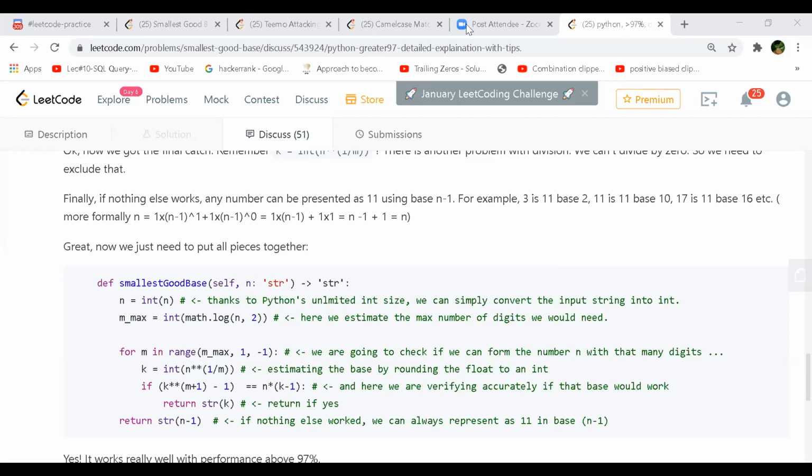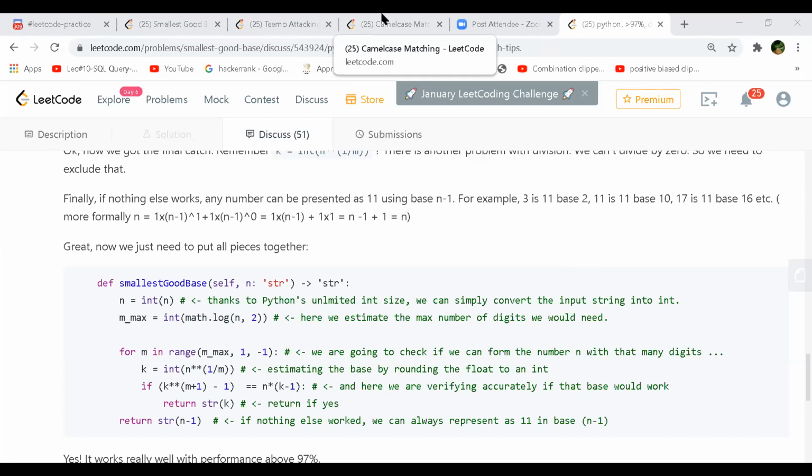So if you have a big value like 10 raised to 18, how can you attain a base for that? So you try to calculate the mid value, and if it is greater than that, you'll try to approach. The lowest will be 2, and the highest will be whatever that value will be.